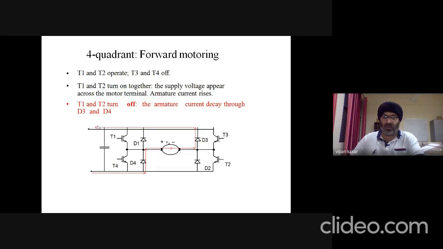So the ramping up of the current will stop and now the current will ramp down.